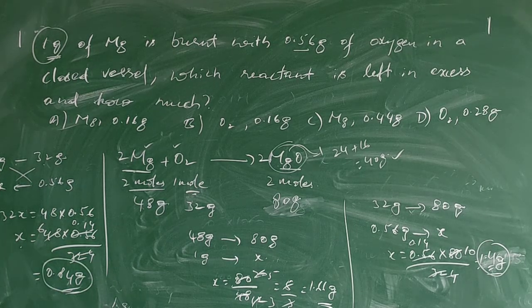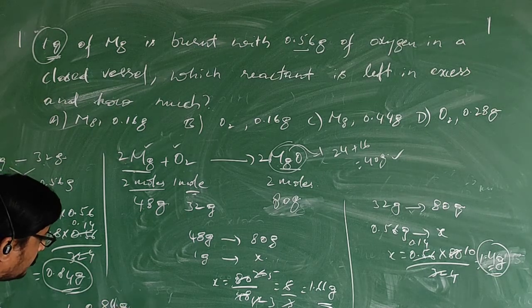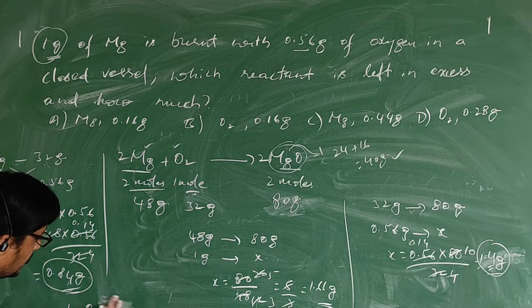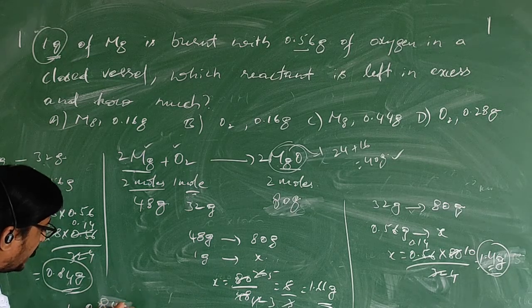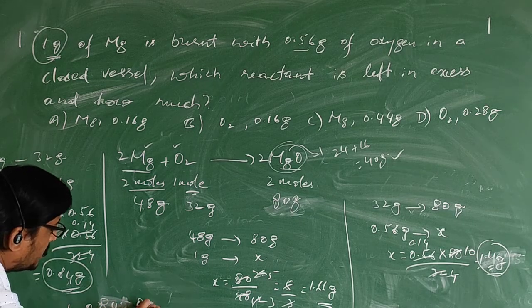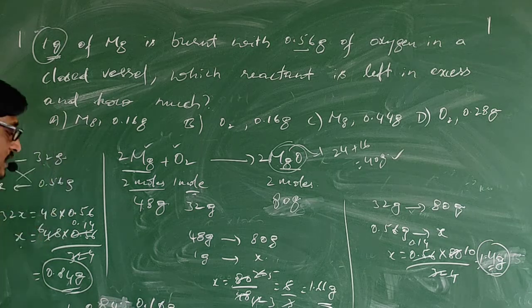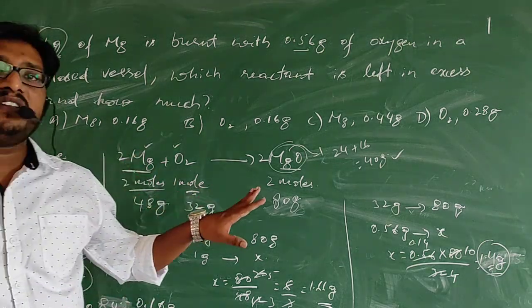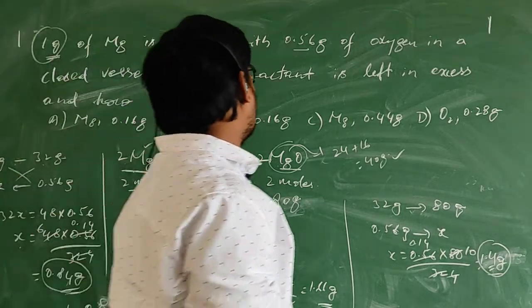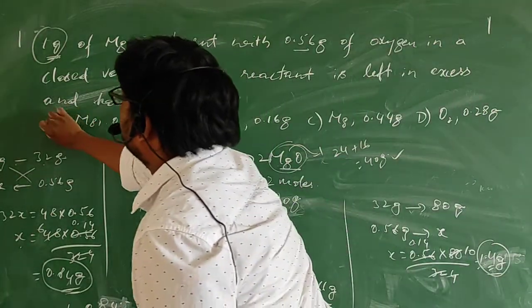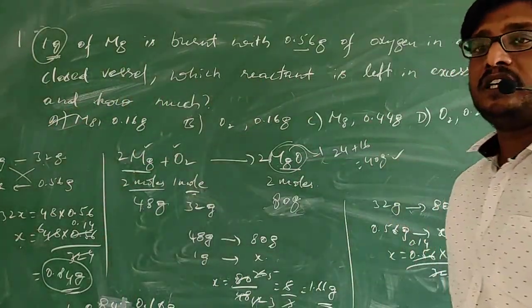Then what will be the remaining amount? Remaining amount will be 1 minus 0.84 gram, which is nothing but 0.16 gram. So this is the amount of magnesium which is left unreacted. So which is our option? This one. Simple thing. Okay.